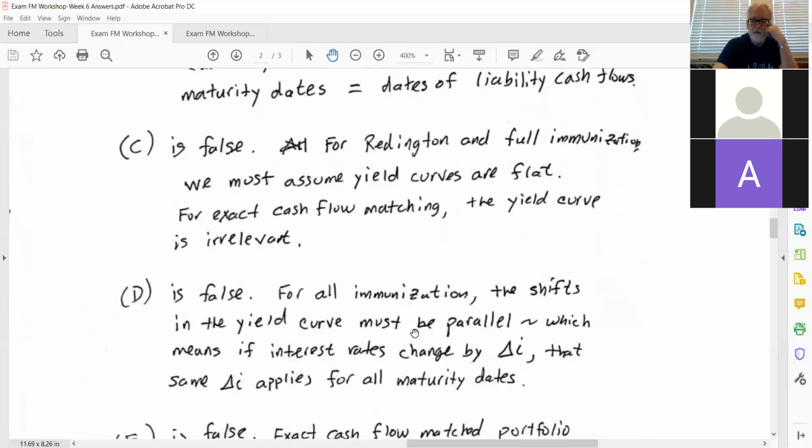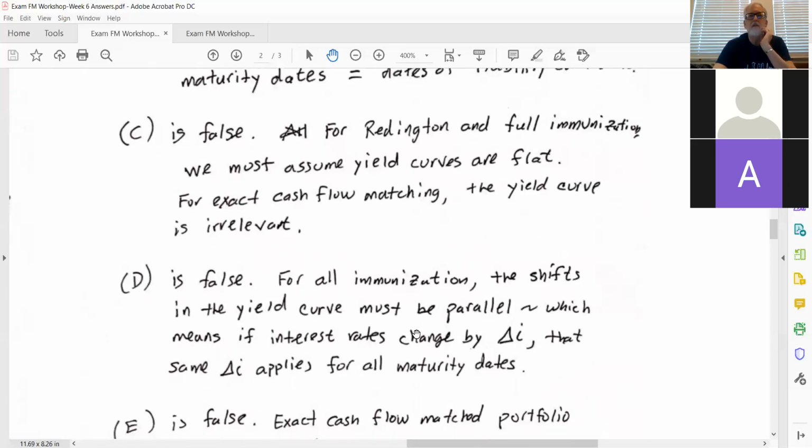And D says a fully immunized portfolio ensures that the present value of assets will exceed the present value of liabilities with non-parallel shifts in the yield curve. It's false. For all immunization, the shift in the yield curve must be parallel.